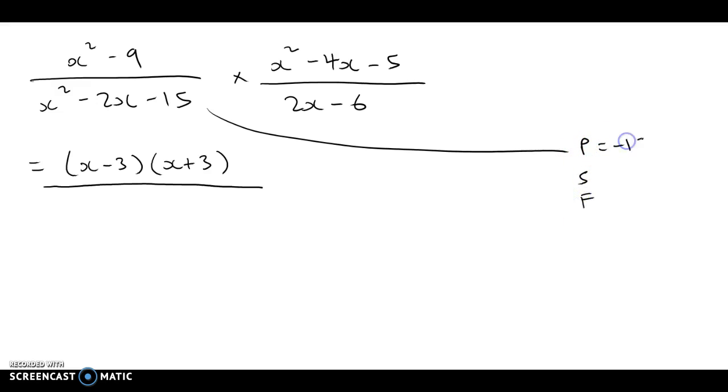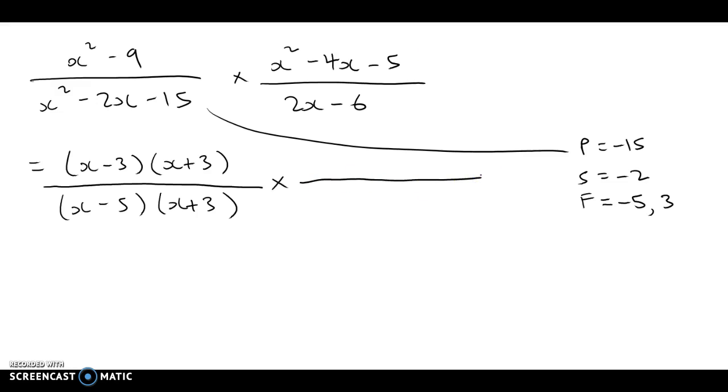Product of minus 15, sum of minus 2, we'll get factors of minus 5 and plus 3, so that'll give us x minus 5, x plus 3.